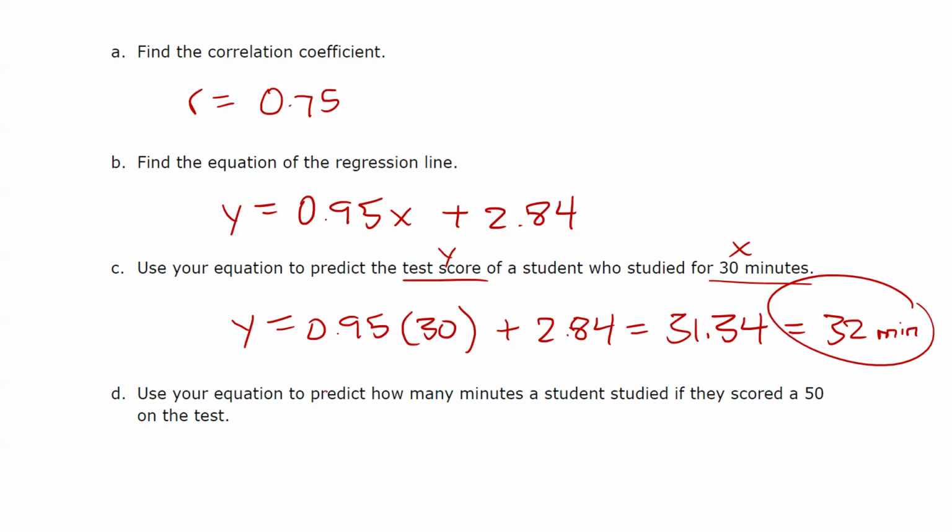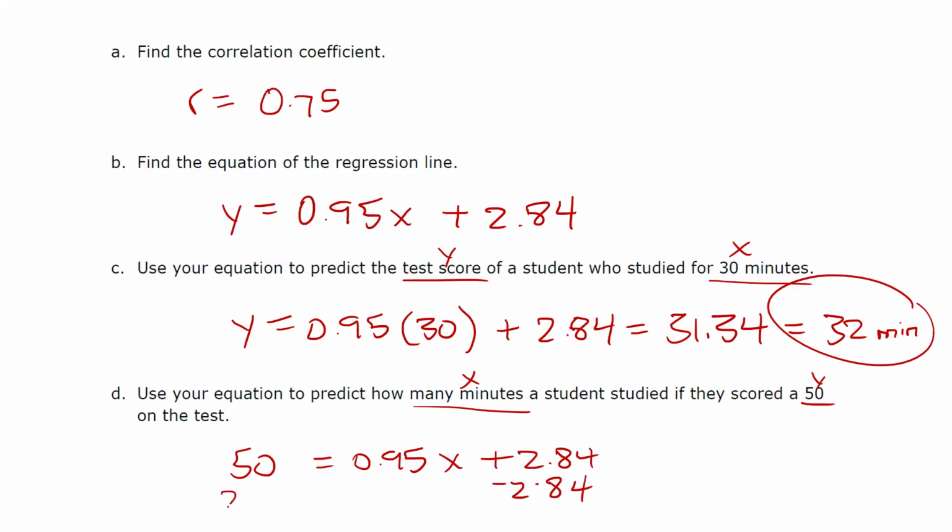Okay. Next, we'll use the equation to predict how many minutes, which is x, if they scored a 50. So now that's the y. So 50 equals 0.95x plus 2.84. We're going to need to subtract 2.84 on both sides. These cancel.